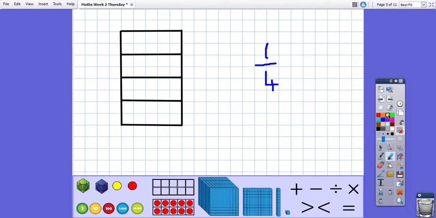So I am going to just shade this one in as best I can. Okay, that's okay. But what about if I move that shading to this box? Is that still 1/4? It is, because it's still 1 out of 4 shaded. So it could also go here and it could also go here. It does not matter which part is shaded as long as it is 1 out of the 4.